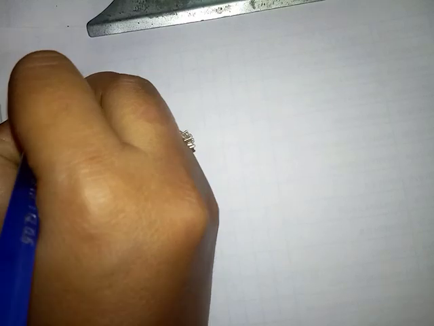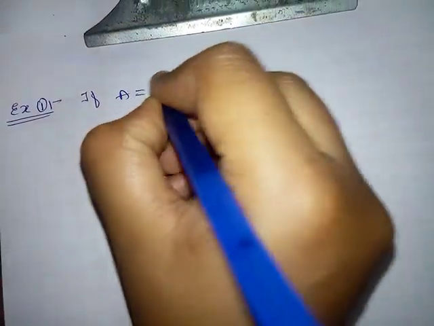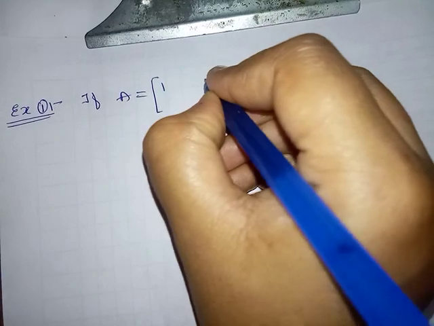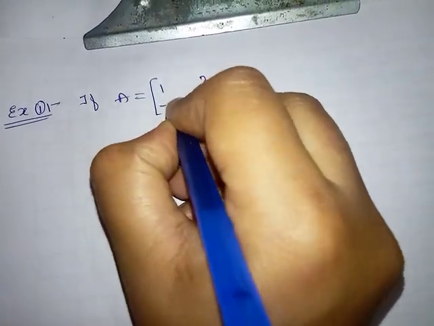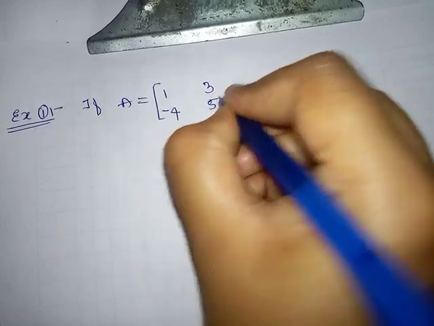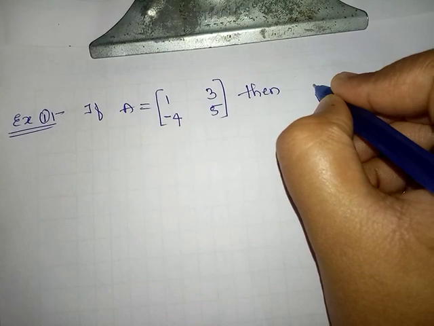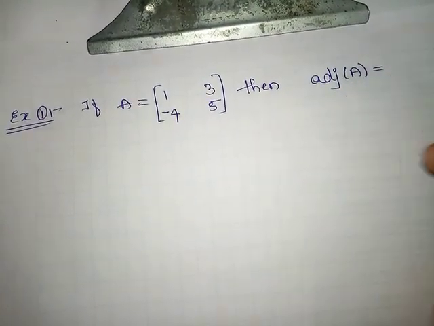Let us see one example of order 2 cross 2. See, if A is equal to the matrix 1, 3, minus 4 and 5, then adjoint of A is equal to what?